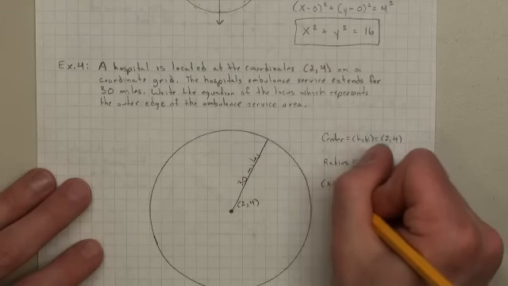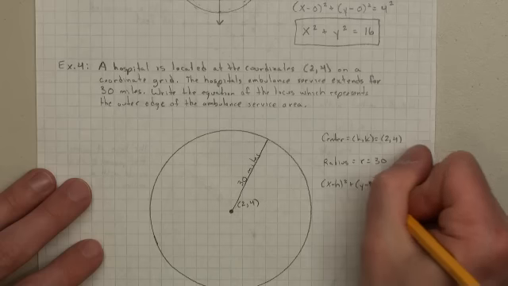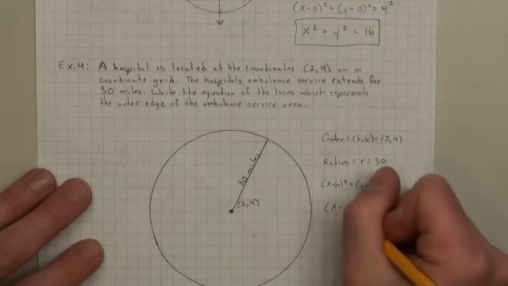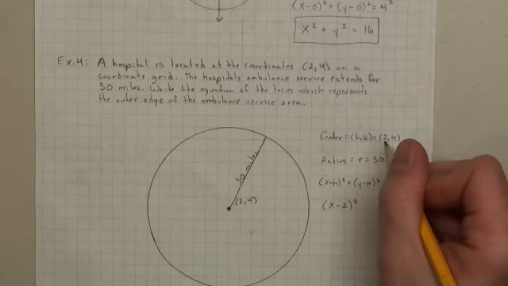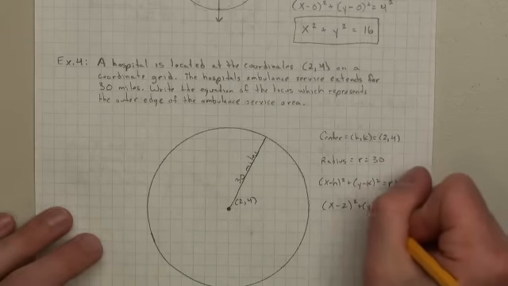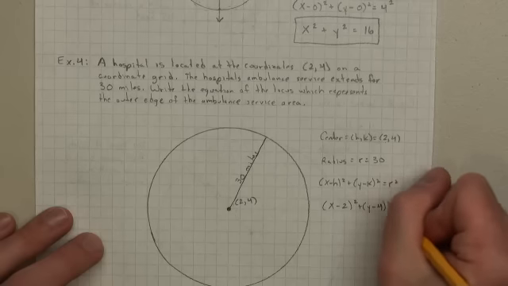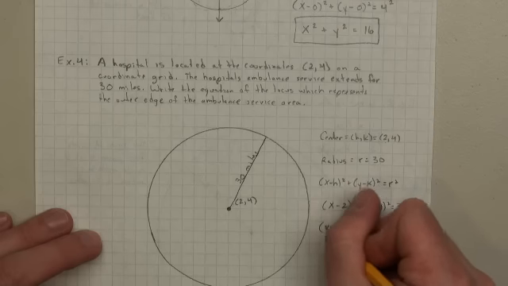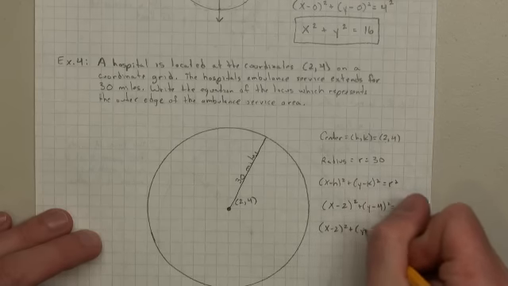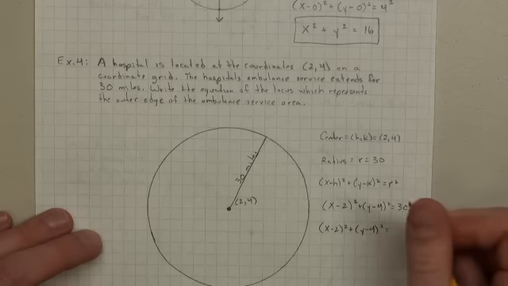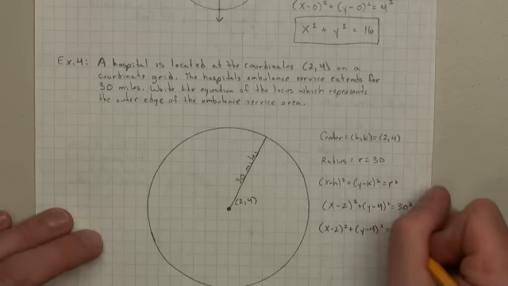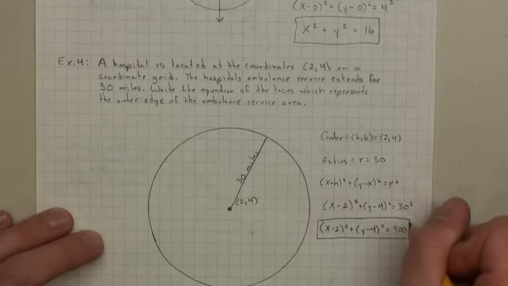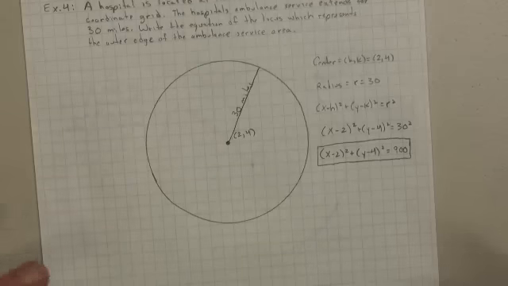So we have x minus h squared plus y minus k squared equals r squared. X minus 2, because 2 is our h, squared, plus y minus 4 squared equals 30 squared. So my answer would be x minus 2 squared plus y minus 4 squared equals, and 30 squared is 900. That's my answer for example 4.